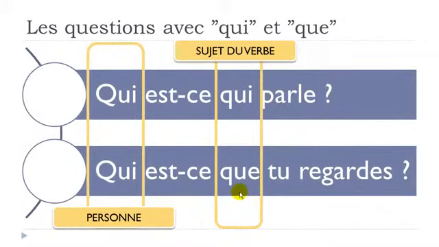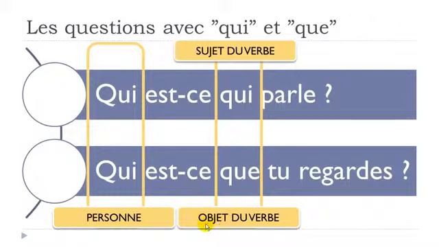And then here, we will use que just because we want to have the information concerning the object of the verb. So you've got regarder here, but then if you look carefully, you already have the subject. It's tu regardes, okay? So, qui est-ce qui parle? So if you want to translate it directly, you could translate it like, who is talking? Okay? Qui est-ce qui parle?